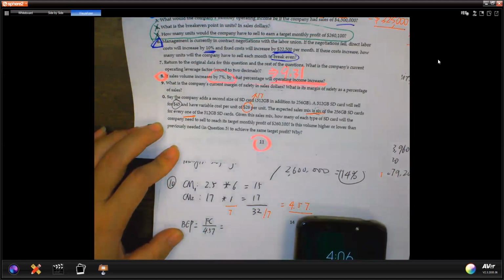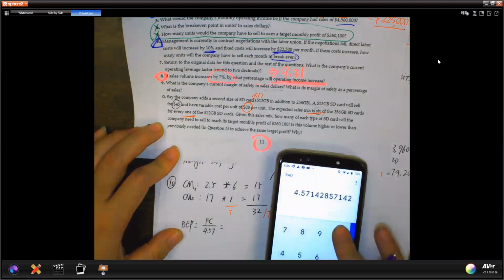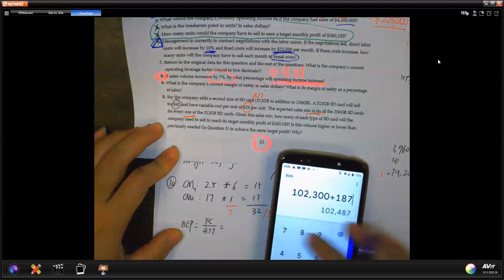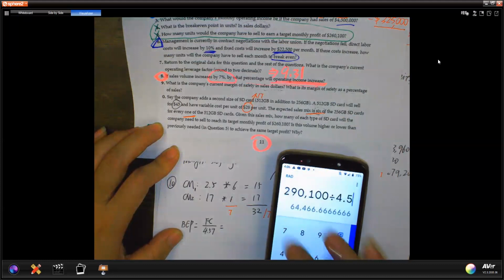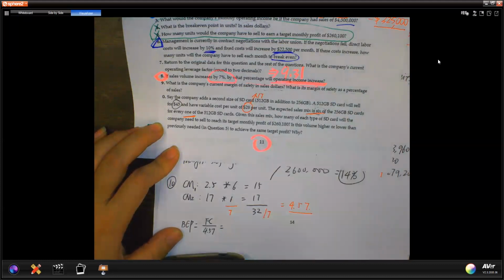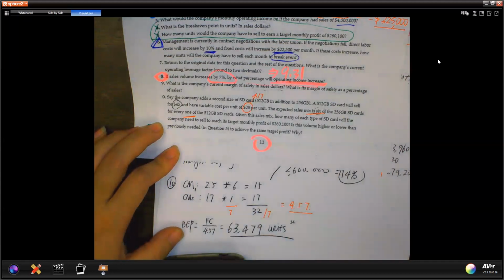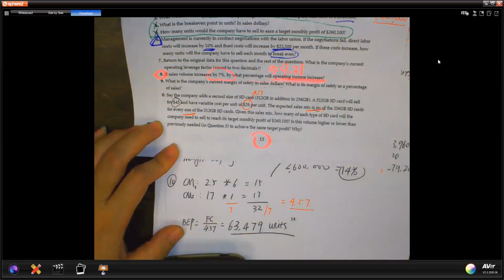So if we do this, our total fixed cost, you should know it now, 102,300 plus 187,800, and then we divide it by 4.57, so that gives us 36,479 units. Okay, so that gives you the total of weighted average units you have to sell.